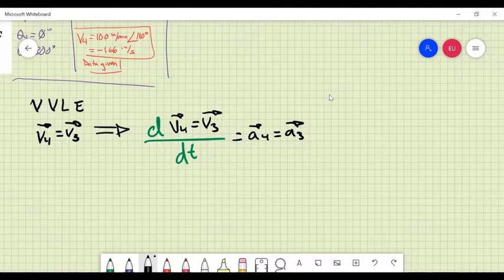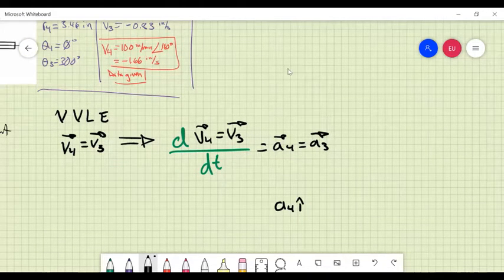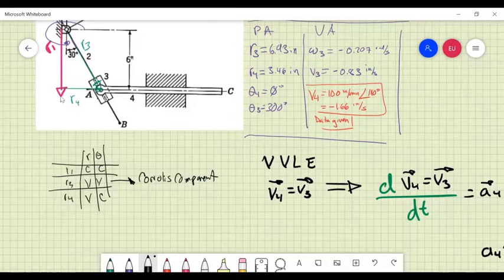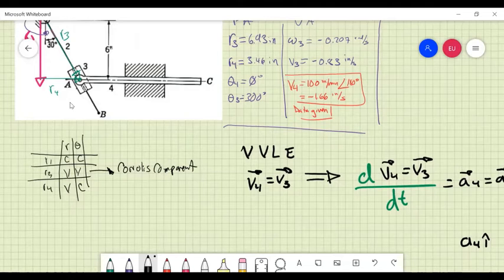Acceleration vector A4 will have only component in the horizontal axis. You agree? It comes from vector R4, which acts only horizontally. You can check it here in the diagram. So acceleration will be, and it's a linear acceleration because that type of vector is only changing its magnitude.